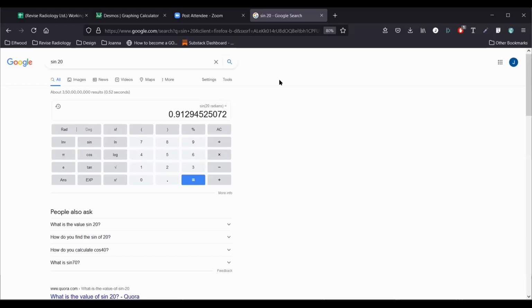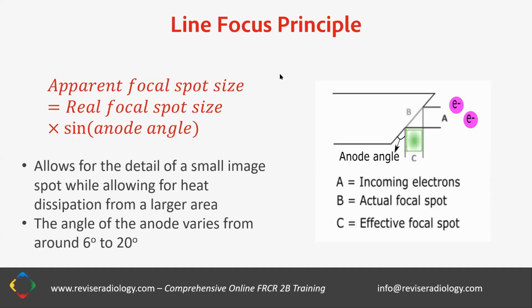What happens if we go beyond that is, just to show you that formula again so that you can relate the two things, if we go beyond 20 degrees, the effective focal spot size will become equal to the actual focal spot size, and then it'll actually get larger. That's why we use these angles, 6 degrees to 20 degrees. It's because we want the effective focal spot size to be smaller than the actual focal spot size. So that is the line focus principle, a very important principle in producing X-rays.